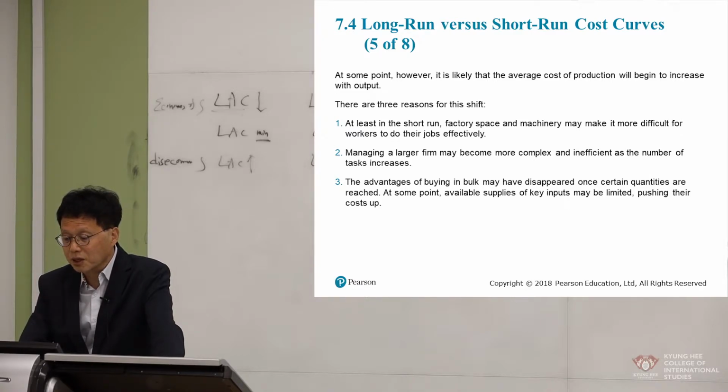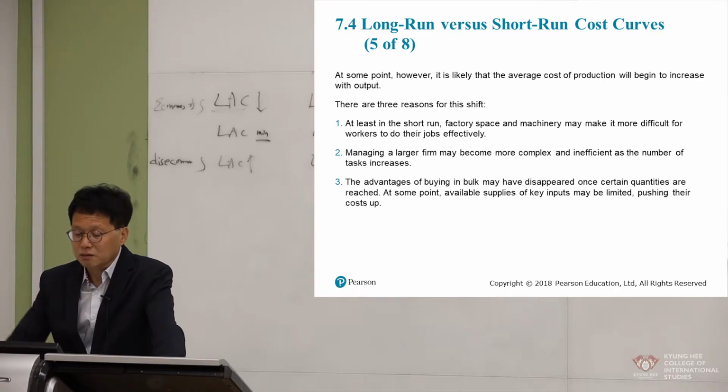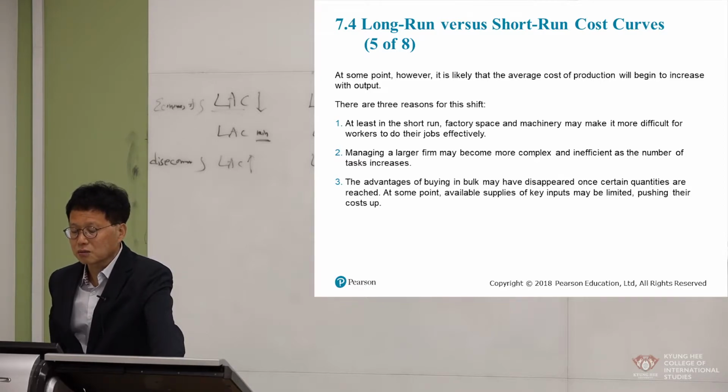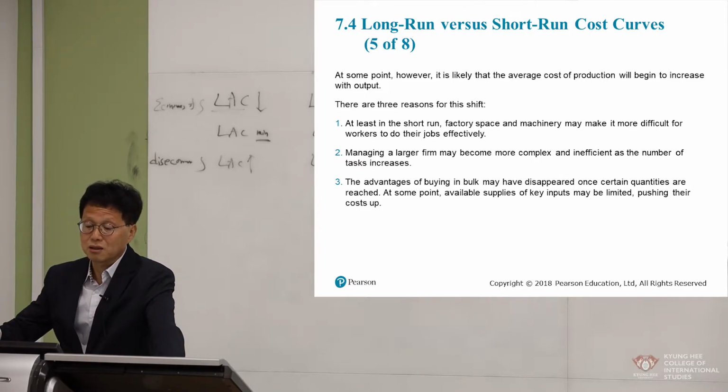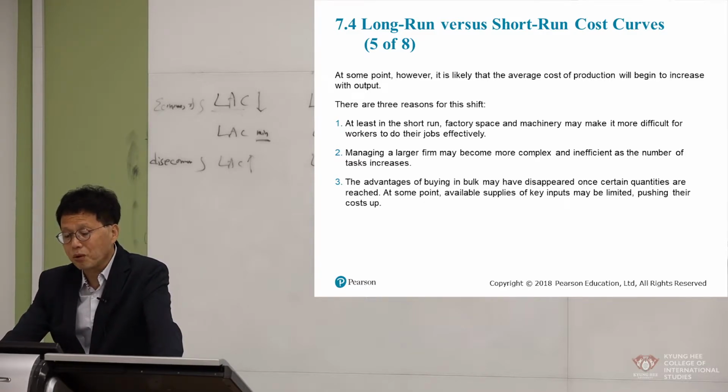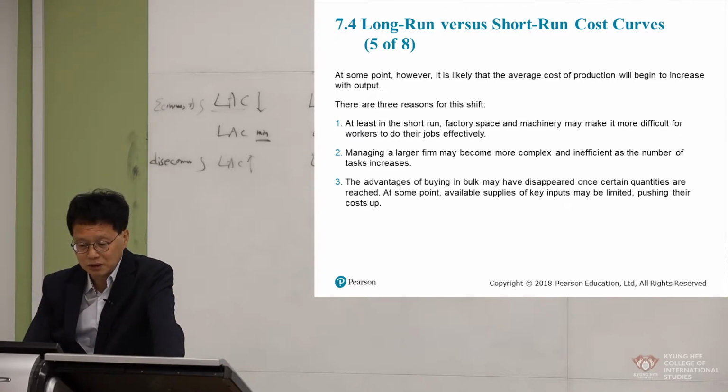At some point, available suppliers of key inputs may be limited, pushing their costs up. In the earlier slide, purchasing more material led to a decrease in price, right? But if you hit a critical point, it increases the price of intermediate goods. That is number 3.